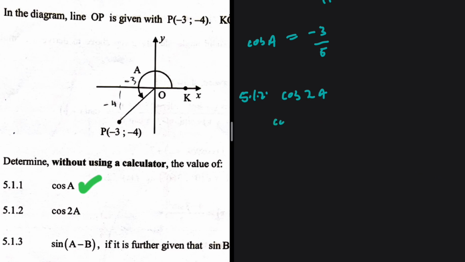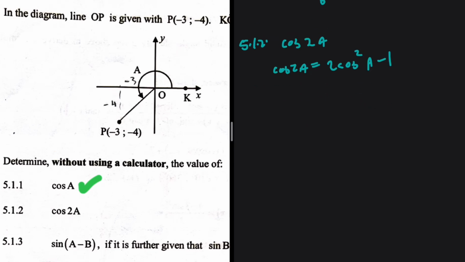We just need to recall that cos of 2A is equal to 2 cos of A squared, cos of A squared, let me just rewrite that, cos of A squared minus 1.